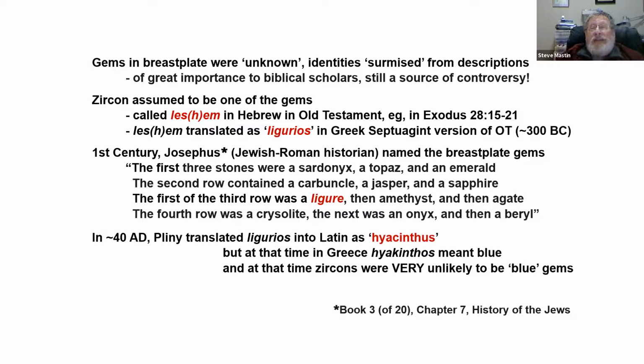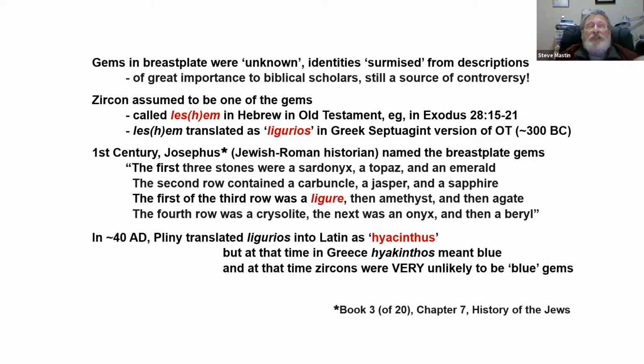So at the time of all of this happening, the gems in the breastplate were unknown. People didn't know what they were. And so their identities have been surmised from their descriptions, which were usually of colors or even of places where they came from.